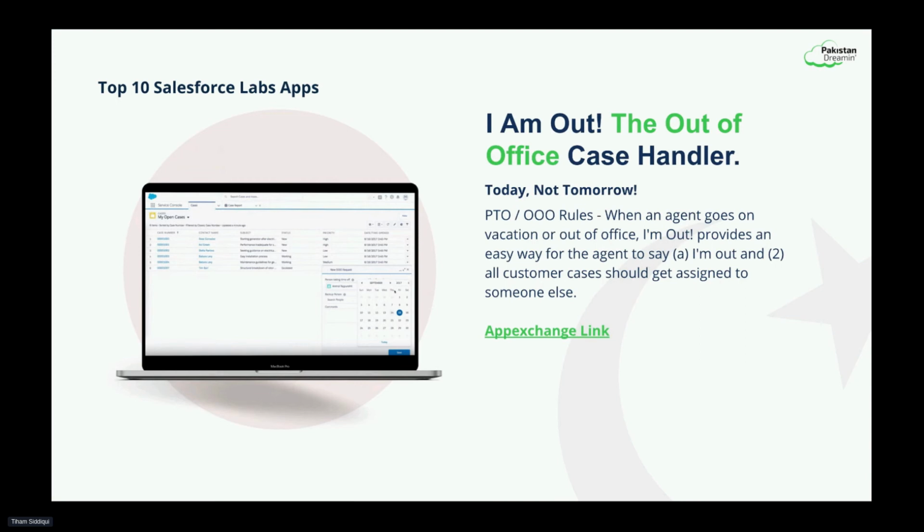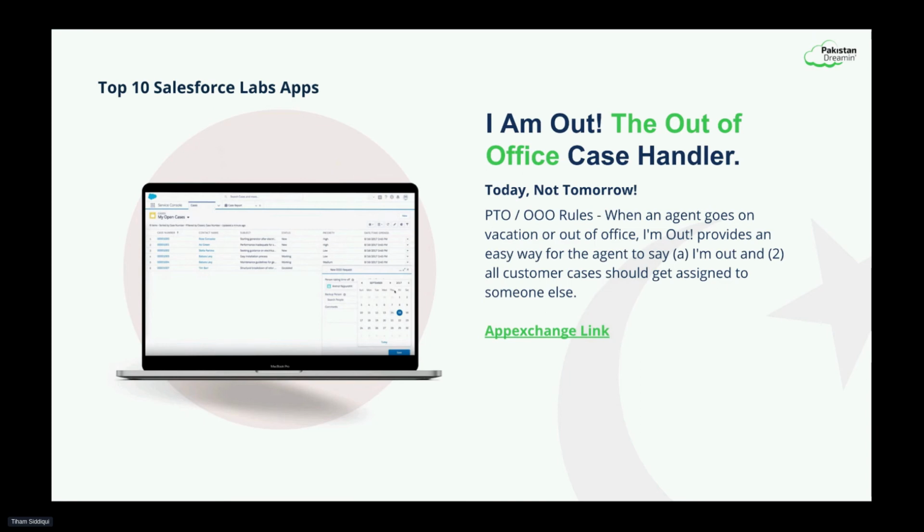I just set that rule. Let's say I'm out from 1st October to 10th of October, and I mention that the backup person is, let's say, my colleague Jerry.